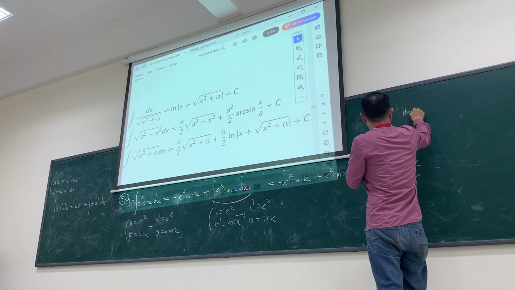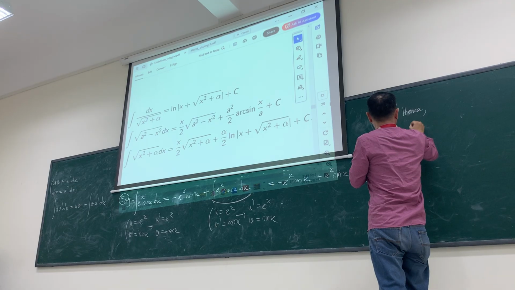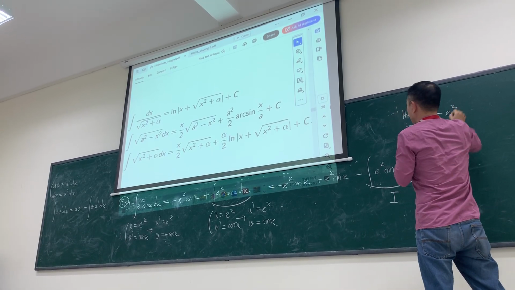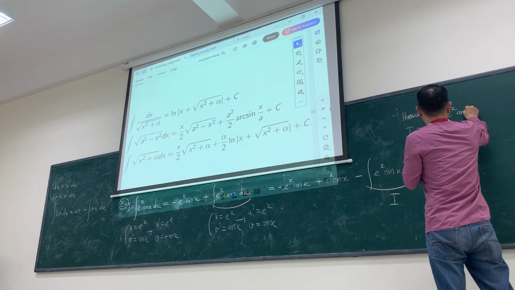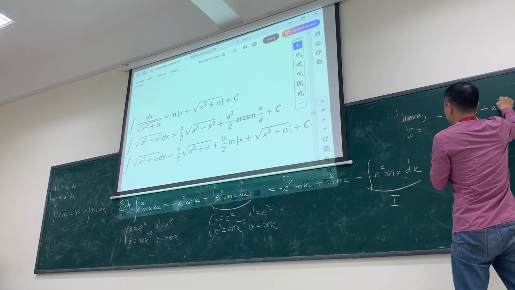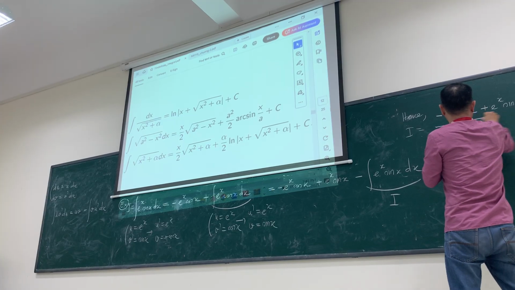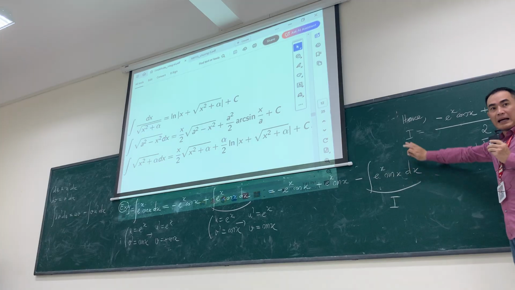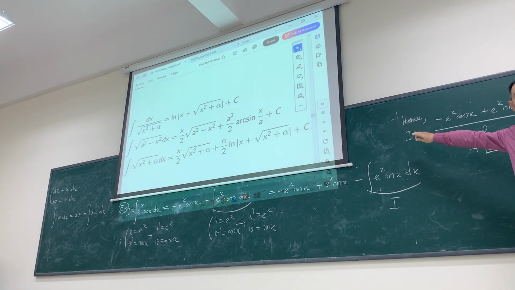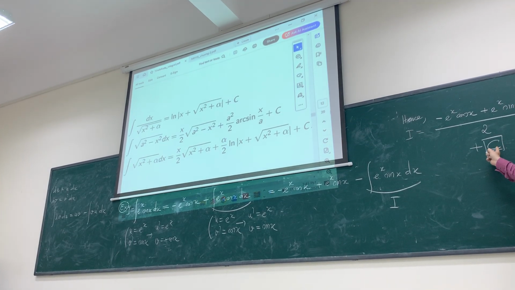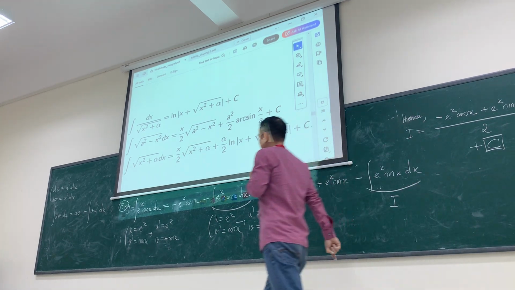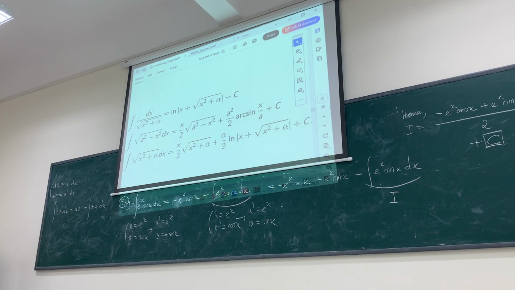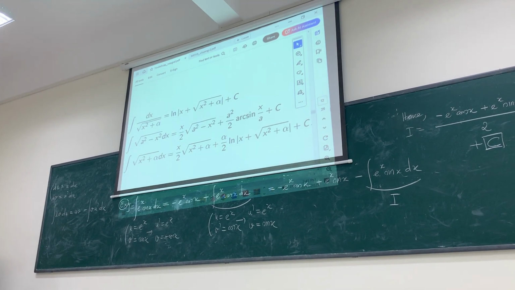Hence, I is equal to minus exponential x cosine x plus exponential x sin x, over 2, plus c. Okay, I is an indefinite integral, so we have the constant c. Here we use integration by parts to evaluate this integral.